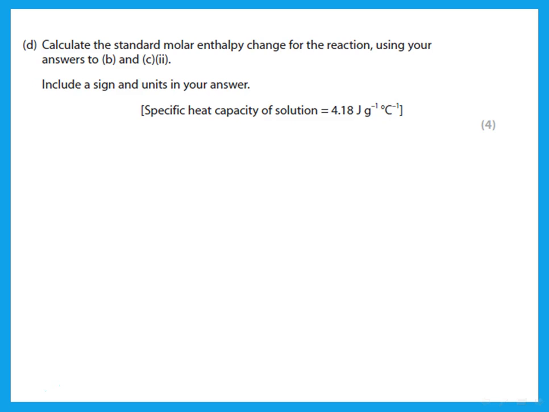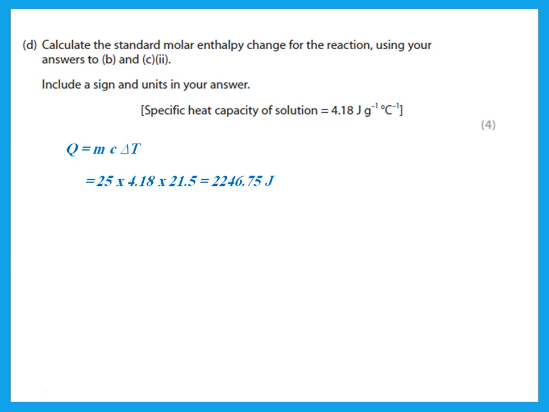Calculate the standard molar enthalpy change for the reaction. So we're trying to get delta H. But then what we need first is the Q. We know that Q is mc delta T. What is m? m is the mass of the solution. He tells me that he used 25 centimeter cubed of the solution. And we said that for a solution, the volume is the same as the mass in grams.